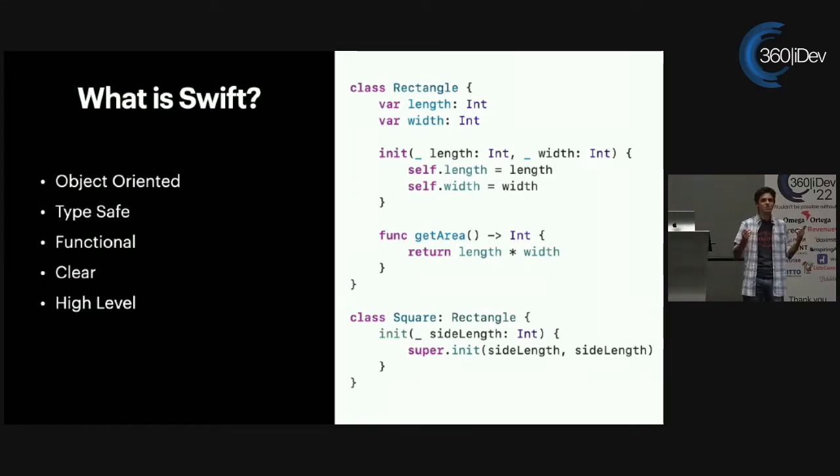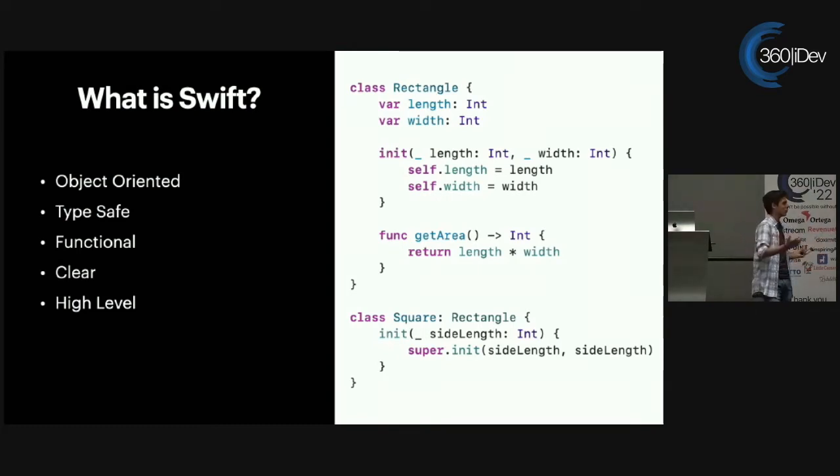Everything in Swift is some sort of tangible object that's not actually tangible because it lives in a computer. That's why you see that class rectangle up there. All that means is we're object-oriented. Type-safe, that means that each object belongs to a certain type. The type is basically a blueprint. It says this object is, in this case, a rectangle, or it is a square, or it is more than one of those things. Like a square is both a rectangle and a square.